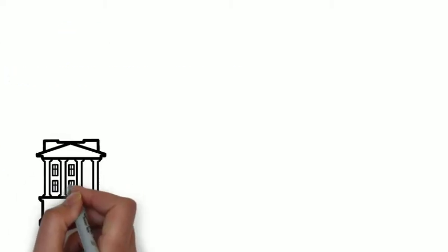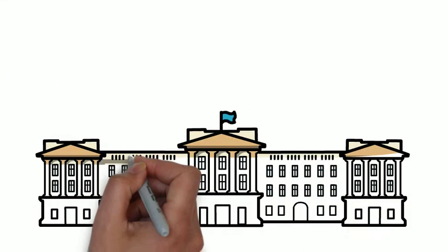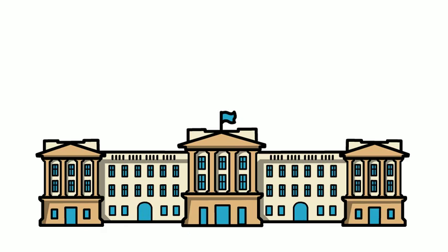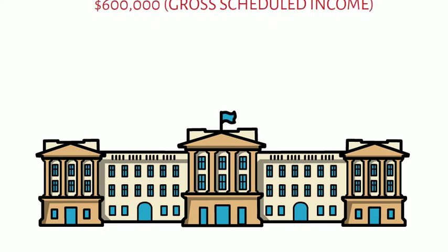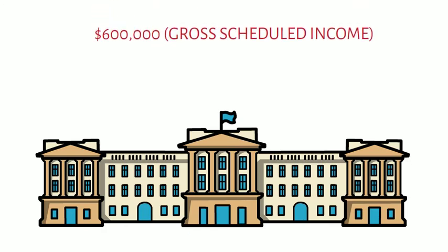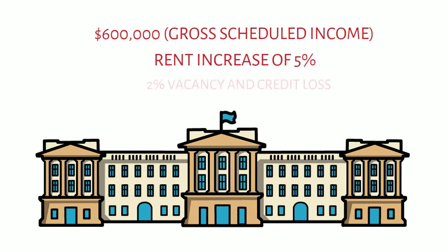Let's say, for example, an apartment of 100 units is 100% occupied with a gross scheduled income of $600,000. And you factor in a rent increase of 5% the next fiscal year, and also consider a 2% vacancy and credit loss.